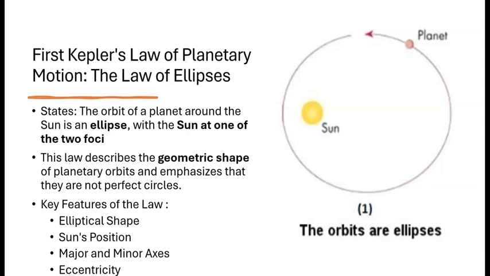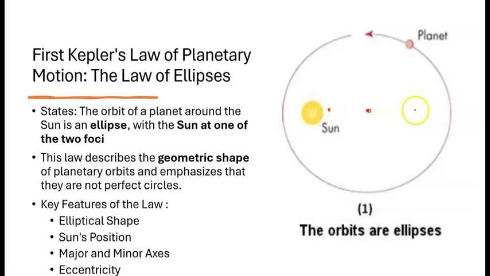In an ellipse we have two foci, meaning it has two focal points, which are away from the center.